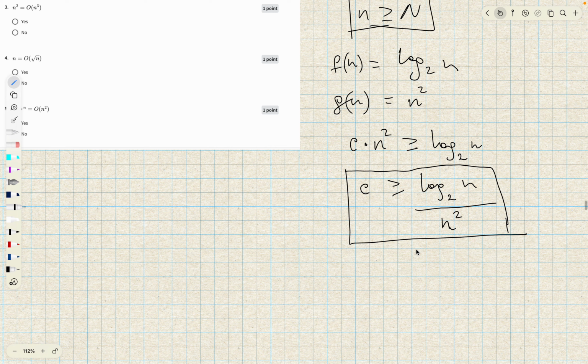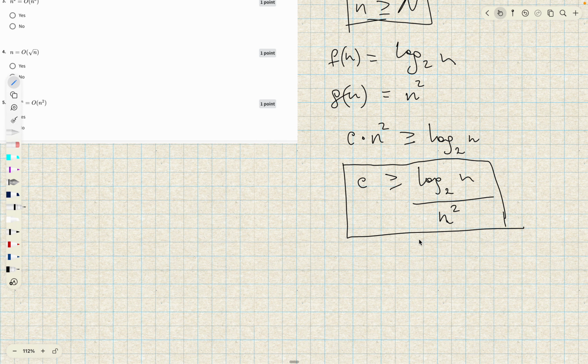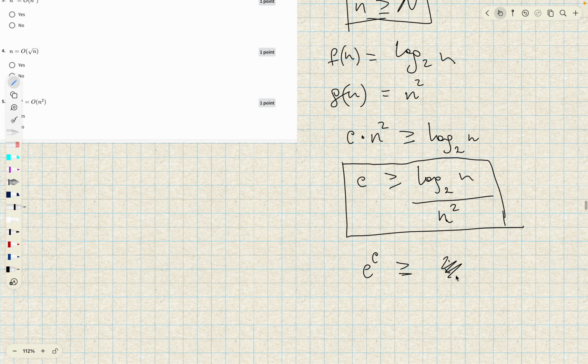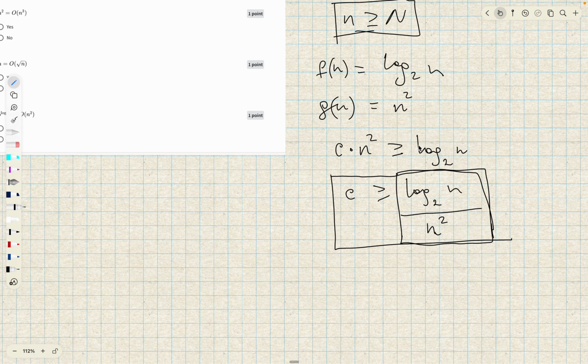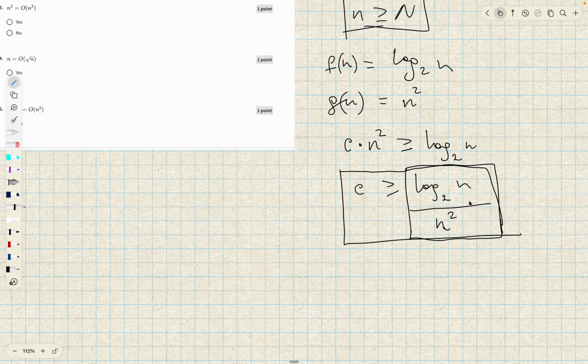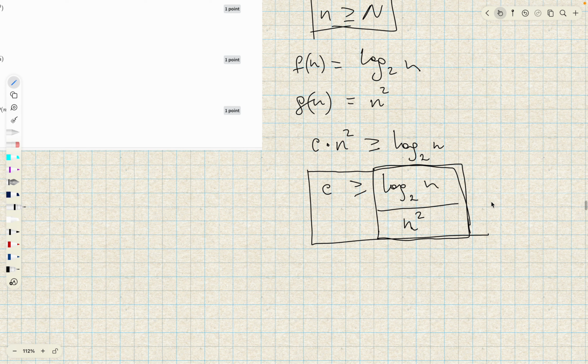Okay, so we have this division, and we want to observe this as n grows, in other words, as n goes to infinity.